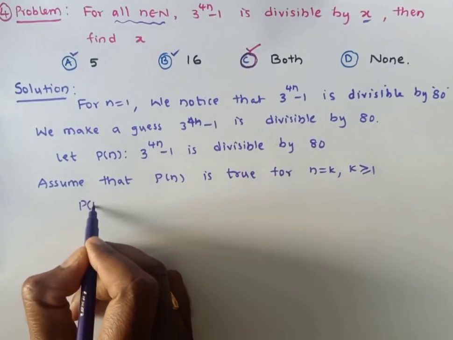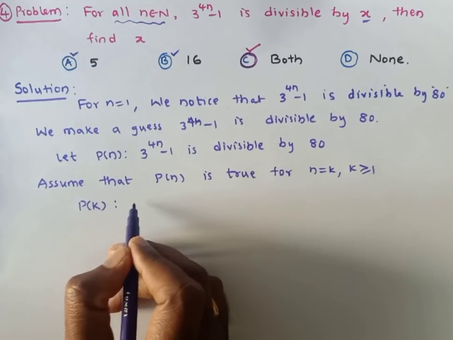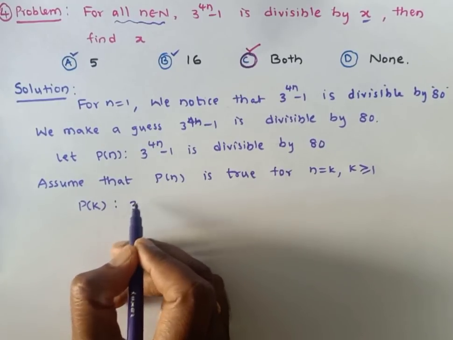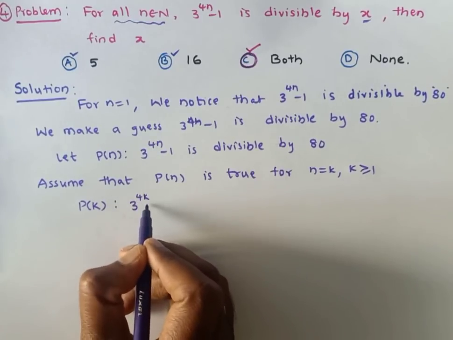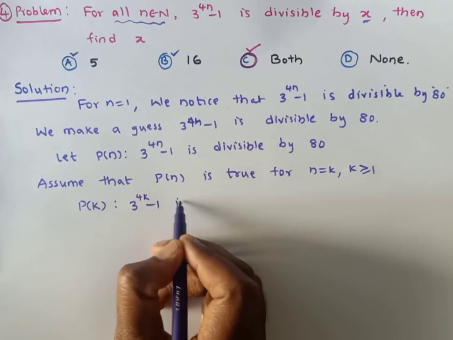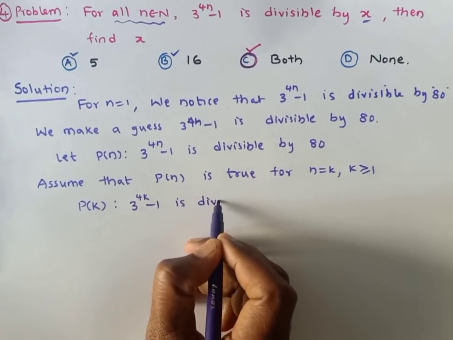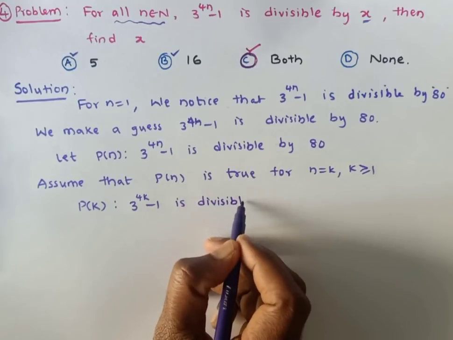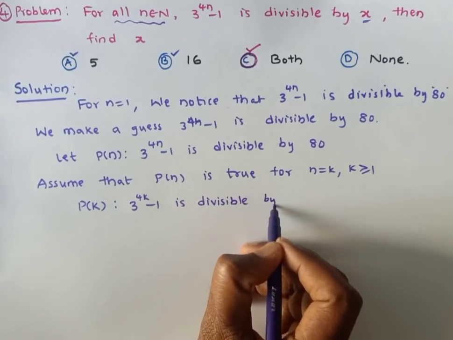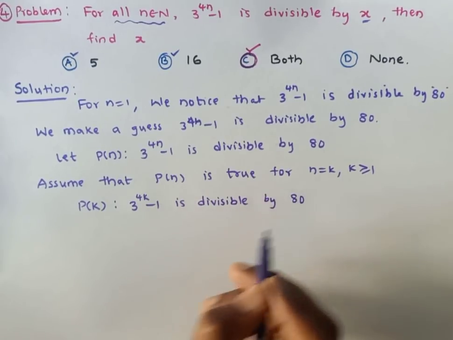Therefore the statement P of n is P of k, that is 3 to the power of 4k minus 1 is divisible by 80.